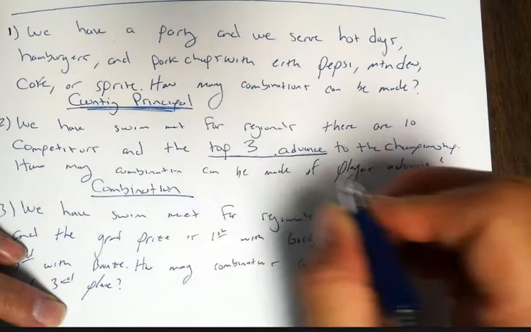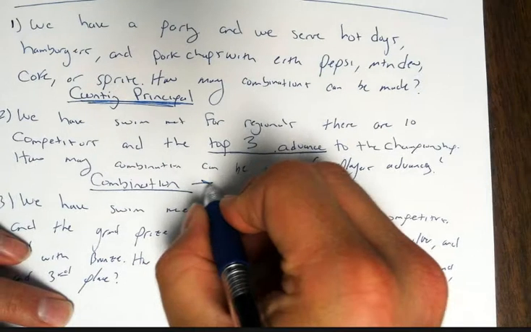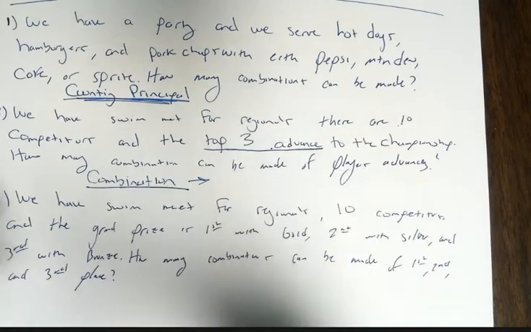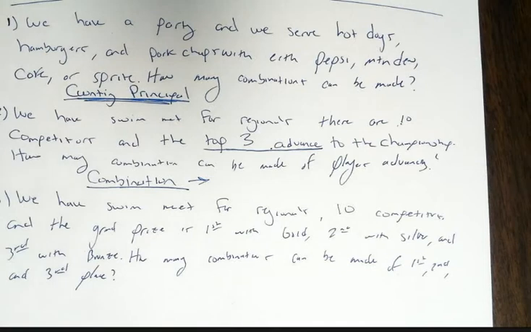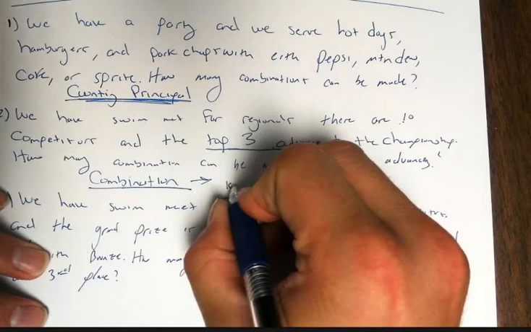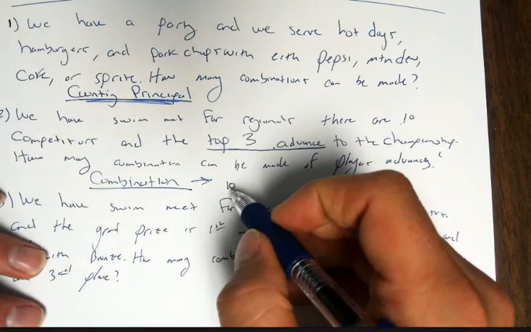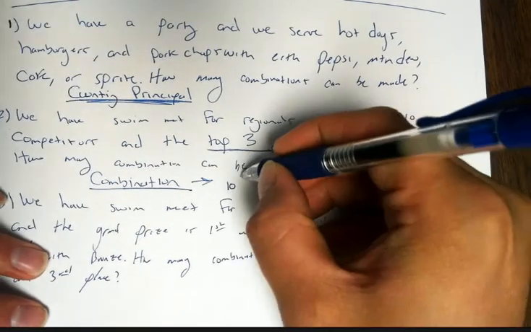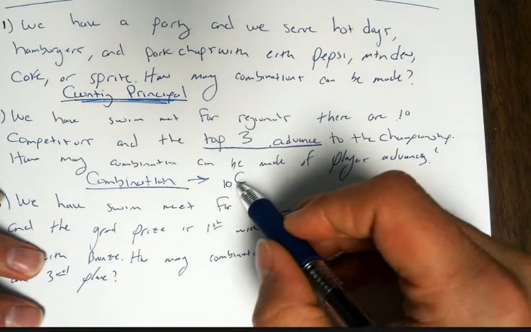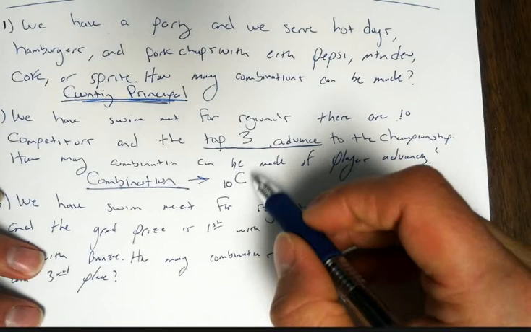Now, a lot of times we write a combination real simple. You take how many people or how many things you're using, in this case competitors, and you put that as a subscript. And then a capital C for a combination. And then on the right-hand side of the C, as a subscript, you put how many you're choosing.